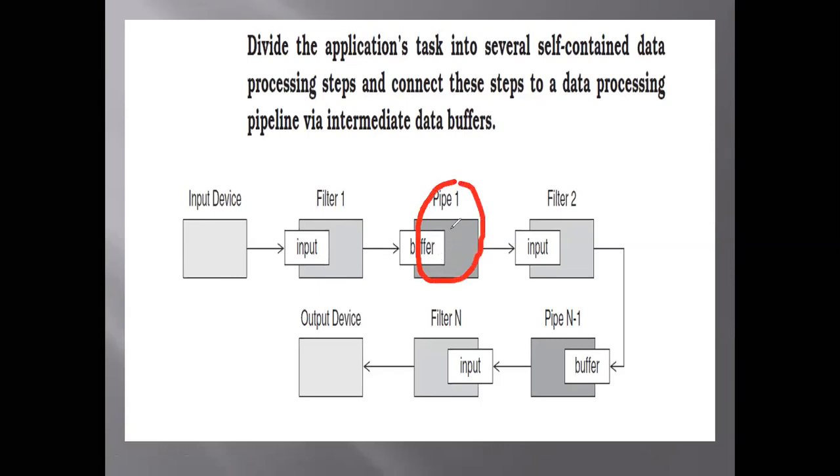The buffer can be a bounded buffer or an unbounded buffer, depending on the application. But these pipes will have a buffer, and they provide synchronization when there is a transfer of data from filter 1 to filter 2. So in between two filters, we will have one pipe.